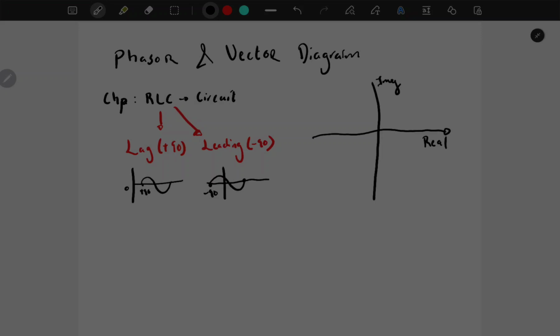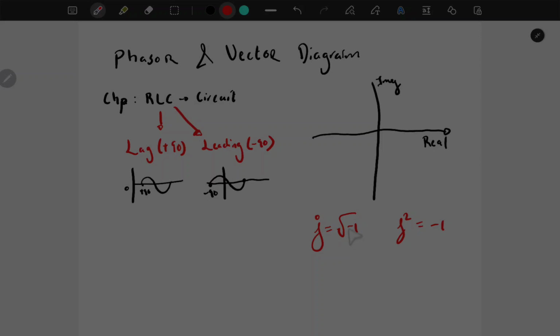So what is an imaginary number? I won't explain it in this chapter because it's a long thing to explain, but basically it has something to do with the square root of negative 1, right? So this here will be your imaginary number. That's just something that you should know.